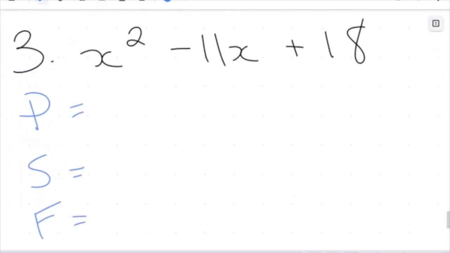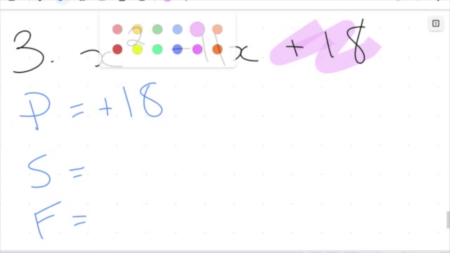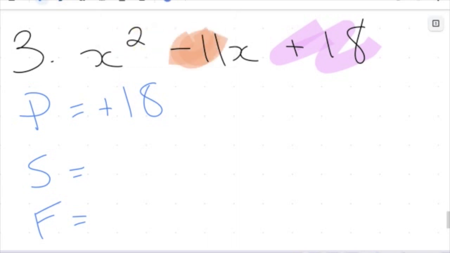Now here I can see my product is positive 18. That sign's important. My sum is negative 11. That negative is important, and I want to find the factors now. So I have a positive product but a negative sum.